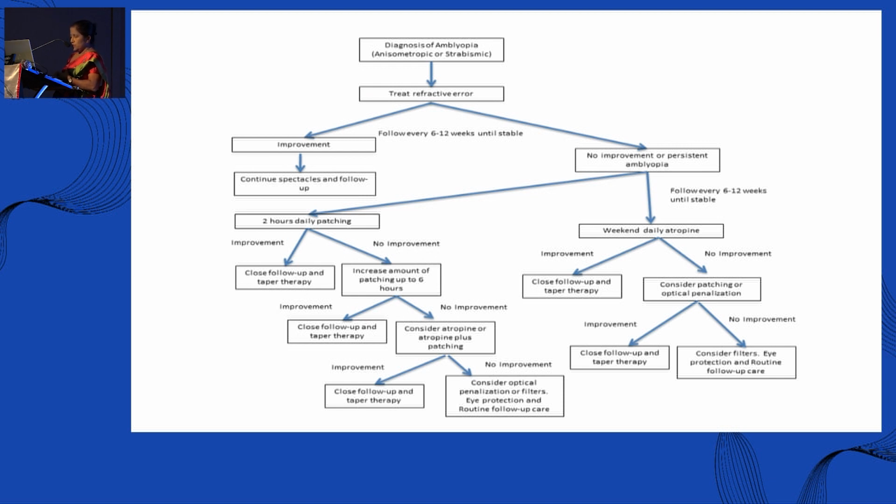And if there's no improvement, we have to consider patching or optical penalization. Again, if there's an improvement, we do close follow-up as well as taper the therapy. And then if there's no improvement, we consider filters and eye protection and routine follow-up care.